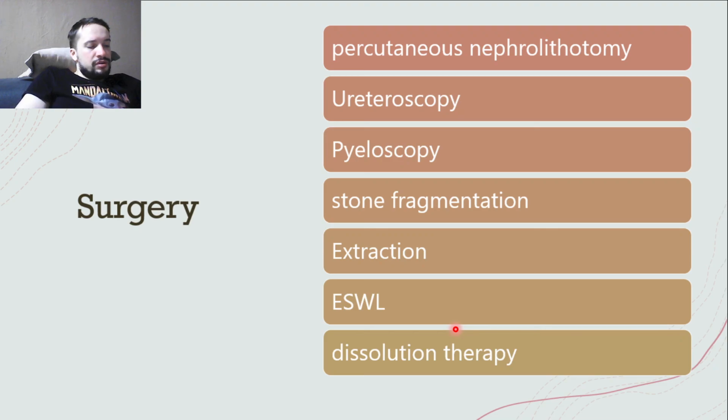Small ureteric or renal calculi may be managed with ureteroscopy, pyeloscopy, and stone fragmentation, as highlighted earlier. Some stones may be amenable to dissolution therapy.